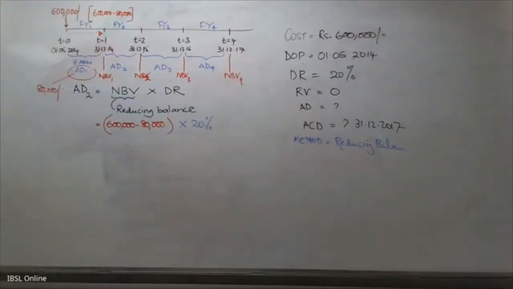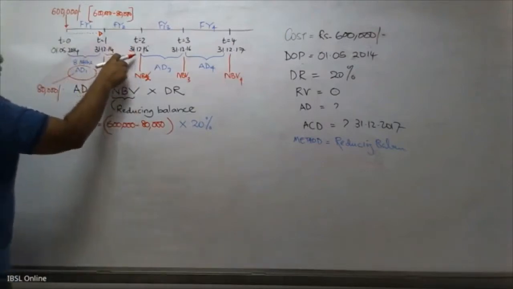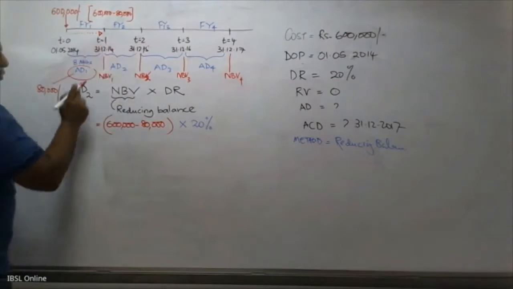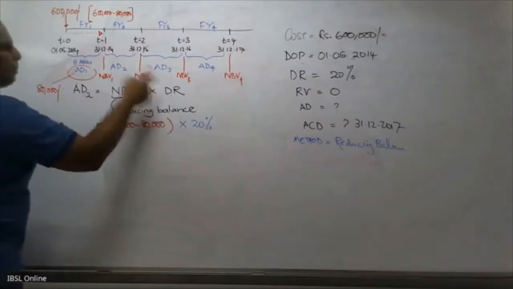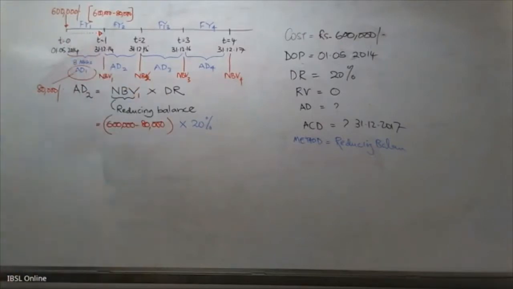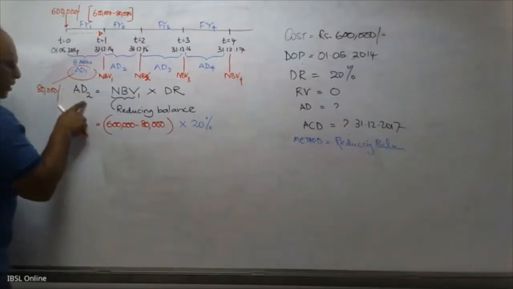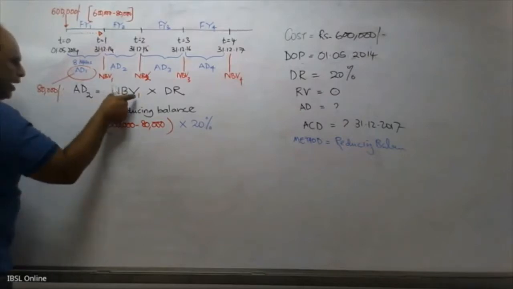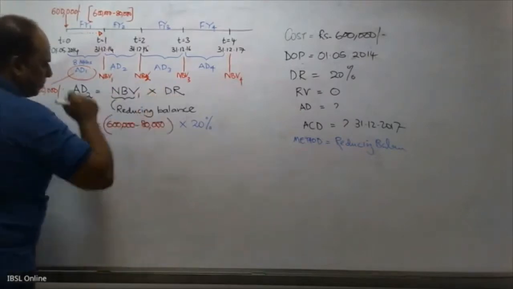So when you go to the second financial year, that is AD2, what you have to do is take NBV1 and apply the depreciation rate. Always remember, the annual depreciation for the second year would be the net book value at the end of the first year into the depreciation rate.